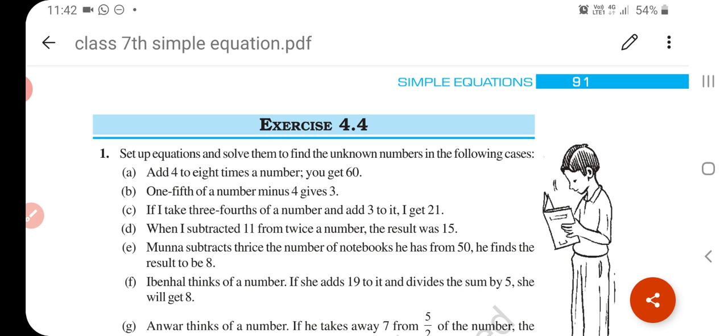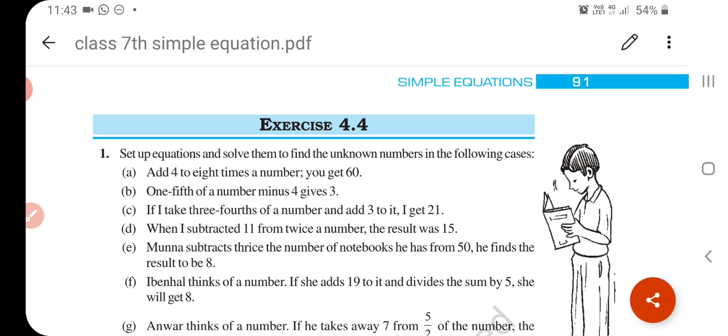Okay, any value of the variable which makes the equation a true statement is called the root or solution of the equation. While solving the equation, we can add the same number to both sides of the equation, subtract the same number from both sides, multiply both sides of the equation by the same non-zero number, divide both sides of the equation by the same non-zero number.